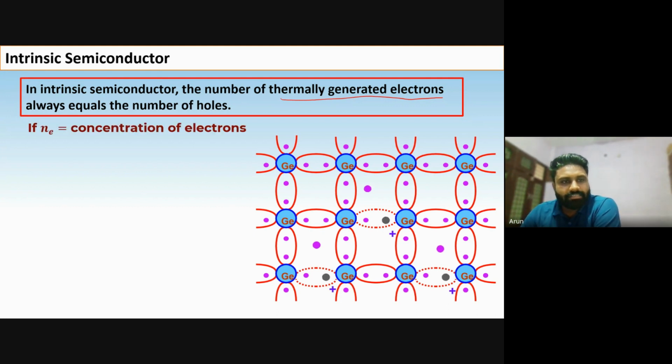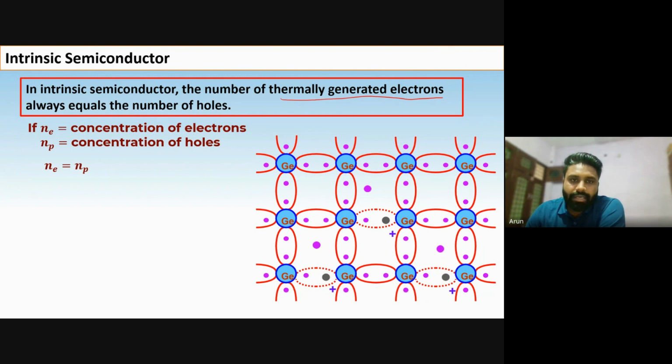Here Ne is the concentration of electrons, which is the number of electrons per unit volume. This is also called the number density, because here we are taking numbers as the quantity. Now Nh is the concentration of holes. So Ne equals Nh, which means the number of holes created equals the number of free electrons.